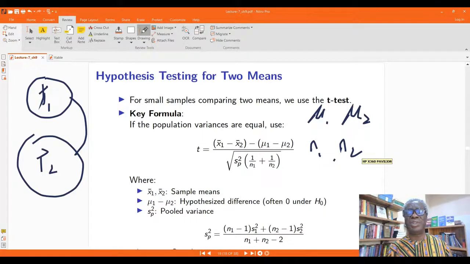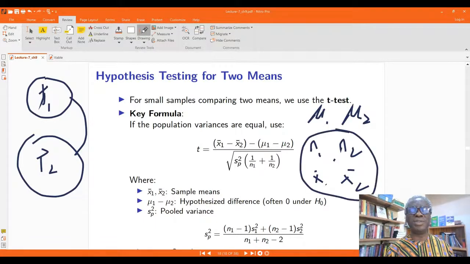Then you compute the sample mean from population 1, so you have X bar 1, and then you also have X bar 2, which comes from population 2. Those are the information you need to compute your statistics.